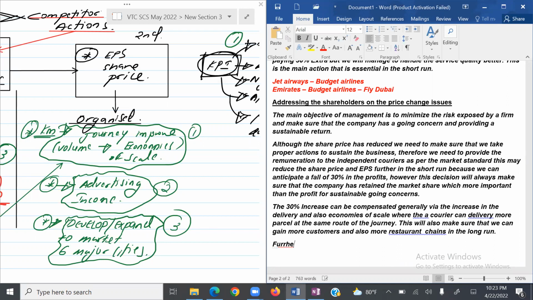Further, we can consider other avenues of income, such as advertisement of food within the app, which can generally increase the revenue of the firm.